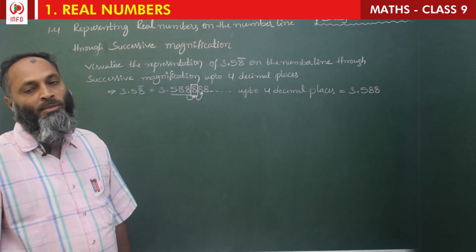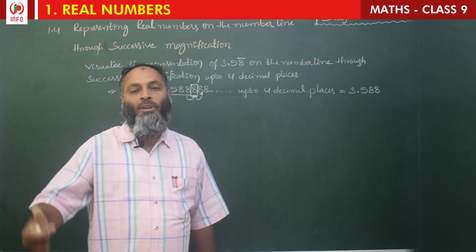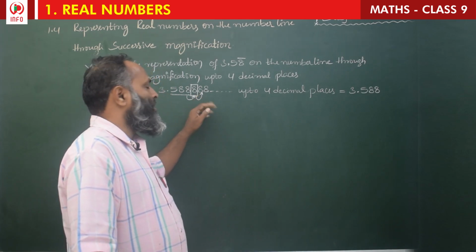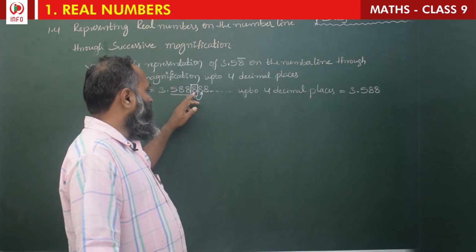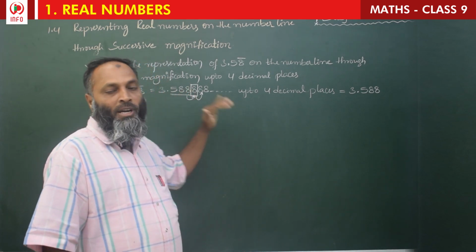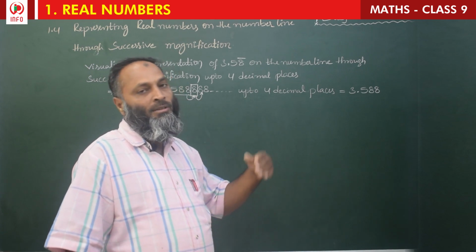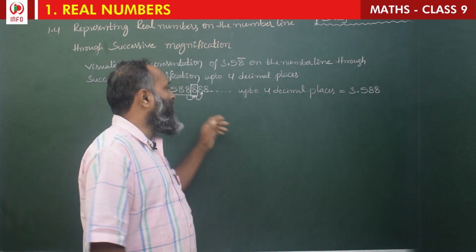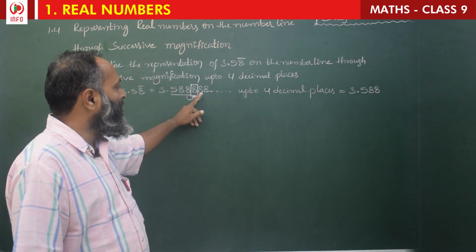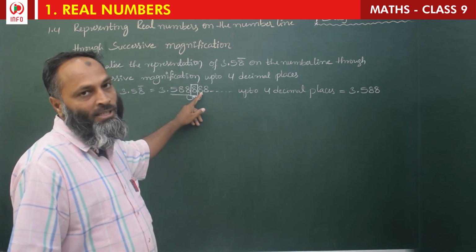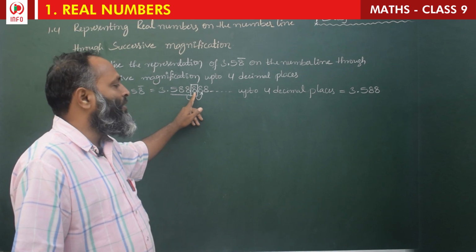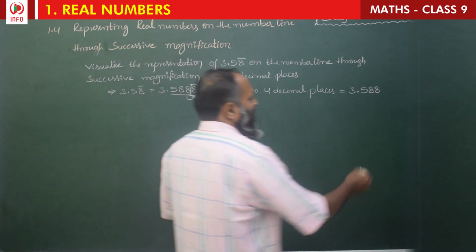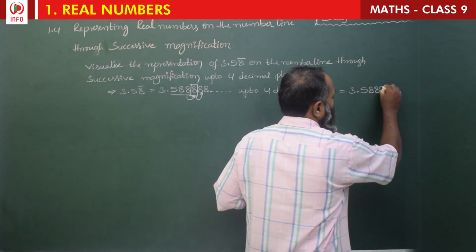If our 5th decimal is 5 or more than 5, then we should increase 1 here. If it is less than 5, that means 1 to 4, then we keep it as it is. Here the 5th decimal place is 8. So the 4th decimal we should take as 9, means we increase 1: 8 plus 1 is 9.